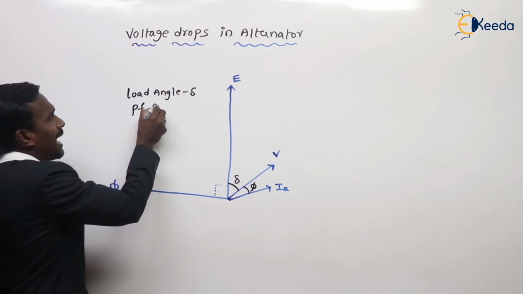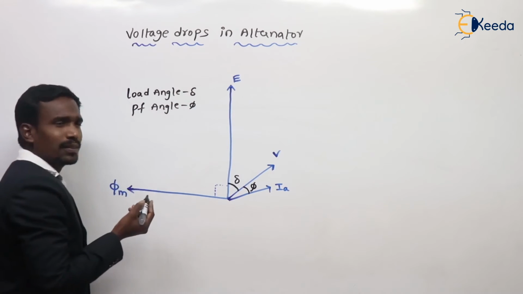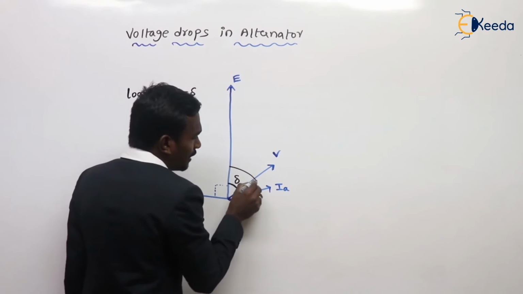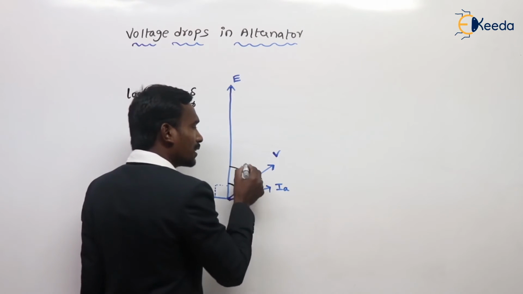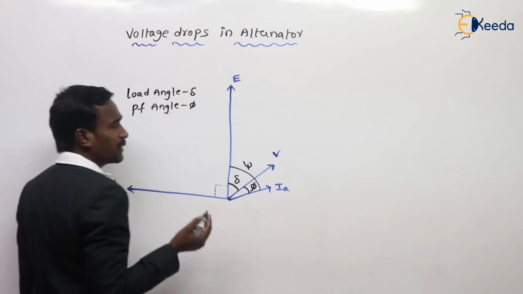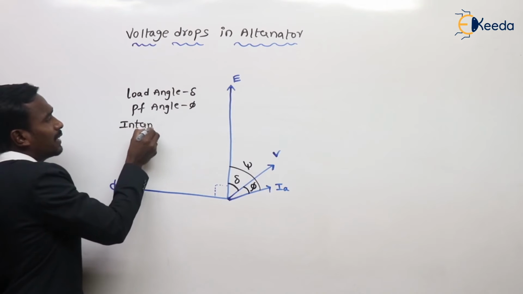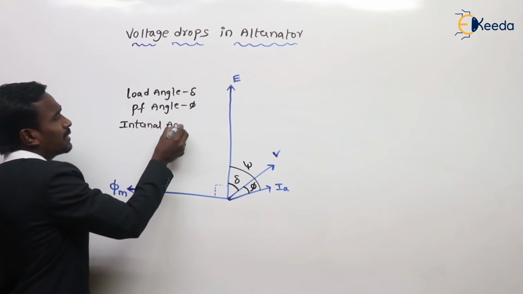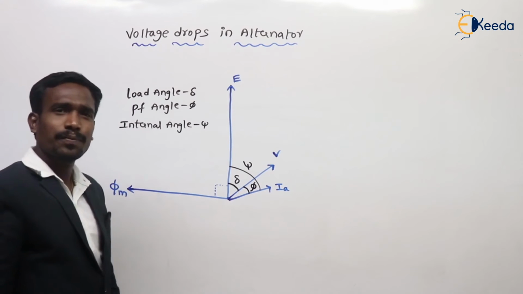Power factor angle is represented with phi. And the angle between EMF and armature current is represented with psi. Psi is nothing but the internal angle.